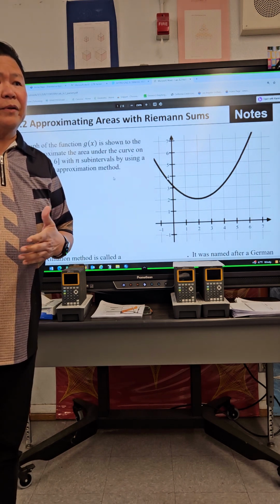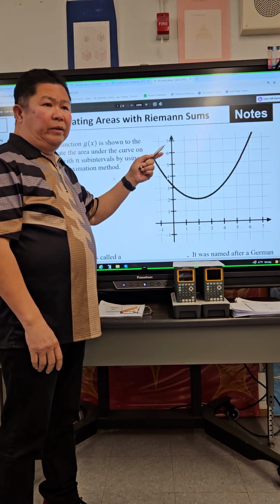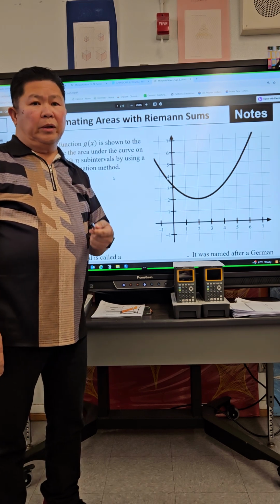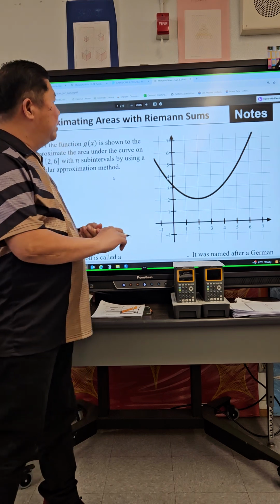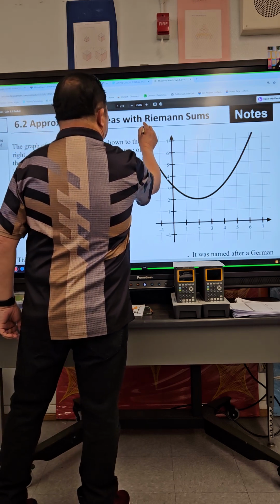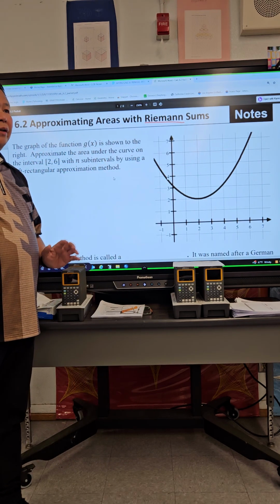He is from Germany. Some pronounce this as Riemann, but oftentimes I hear people, especially mathematicians, saying Riemann sum. He is a German mathematician, Bernhard Riemann.